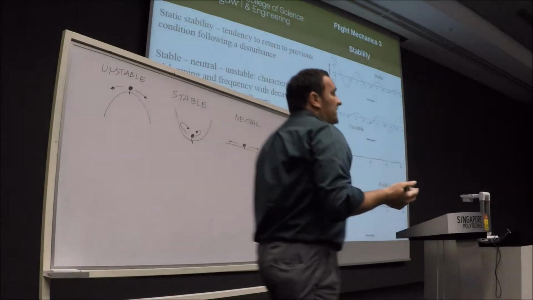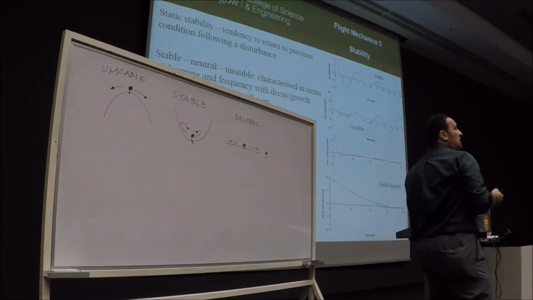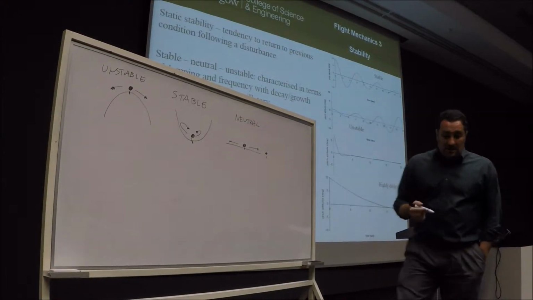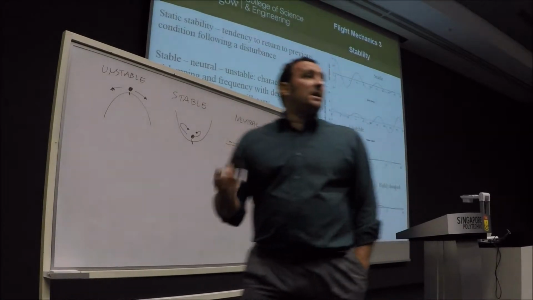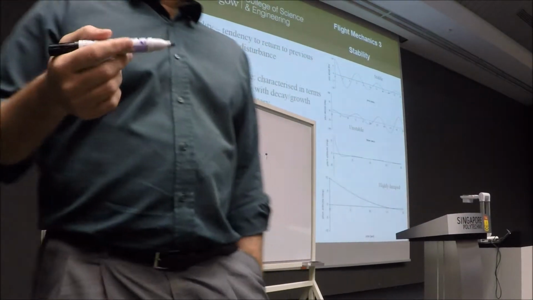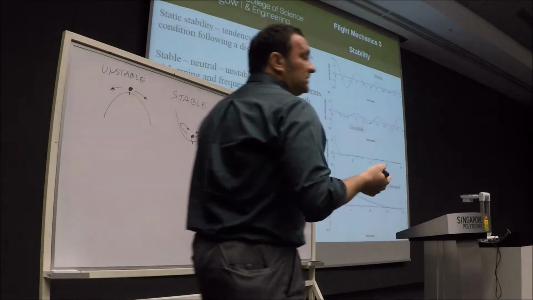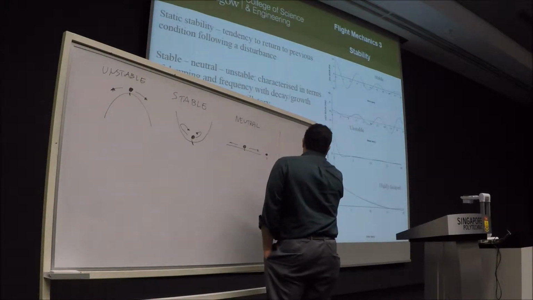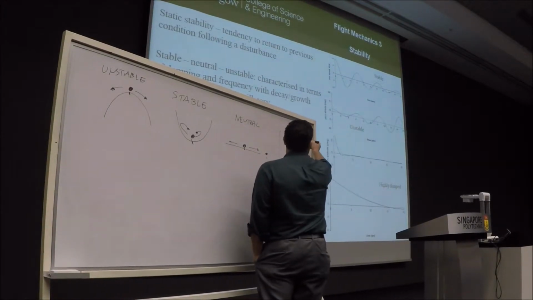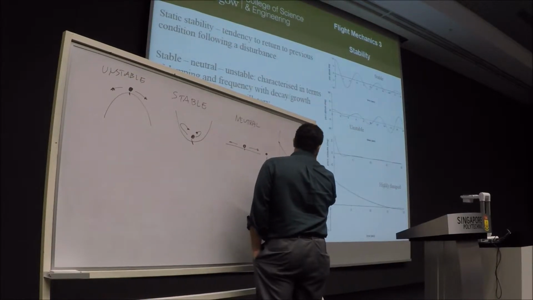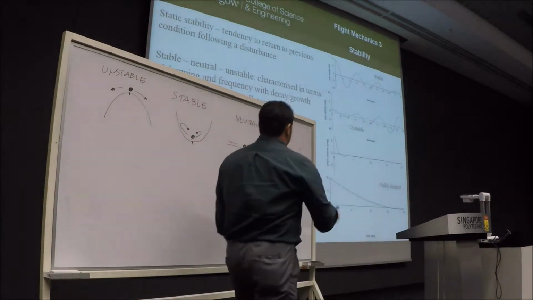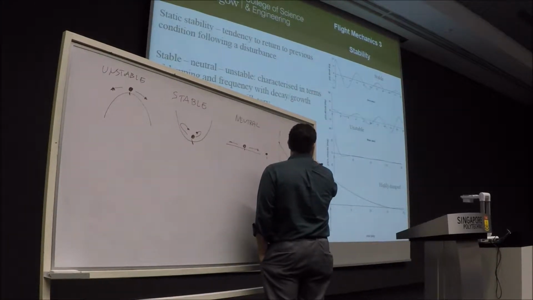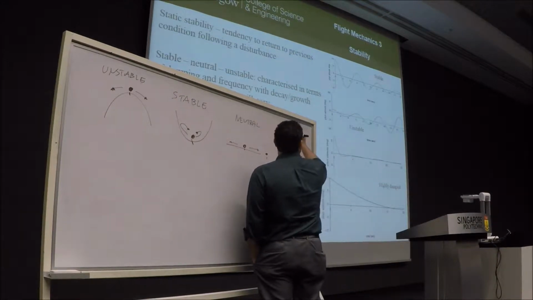So the behavior that a state variable has following a perturbation is either oscillating, so it will be a sine or cosine wave, or it will be an exponential, either an exponential that increases or an exponential that decreases. Okay, so this here will be stable. This curve here will be unstable.